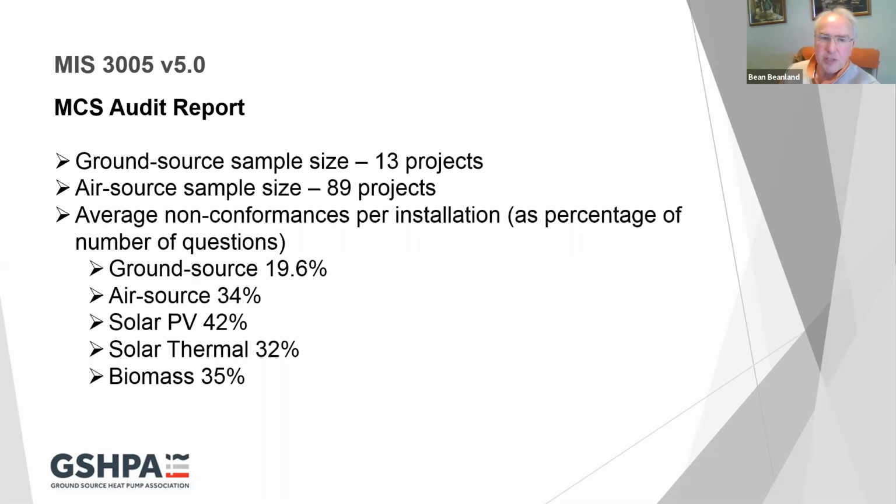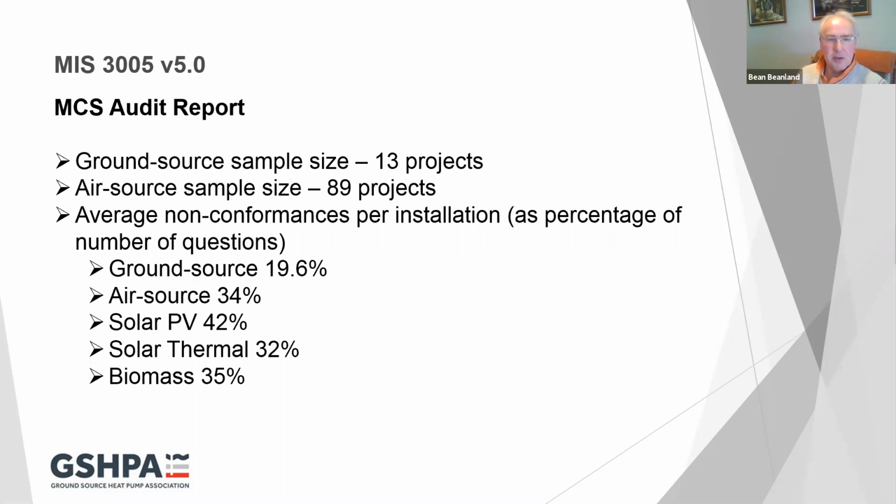There were a number of questions posed, and that varied against each technology, obviously. But the number of non-conformances, you can see, ground source does by far the best, but it's still nearly 20%. That's quite high, and I think we can do better.